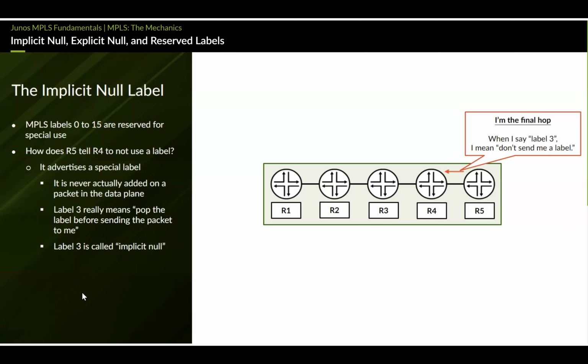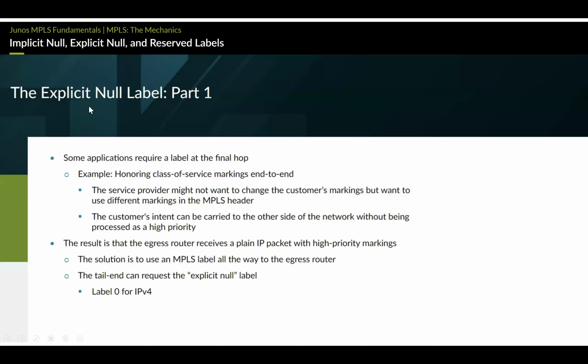This label value 3 is called implicit null. This happens by default. So this is the definition of the implicit null label: the label value is 3, and that is reserved.